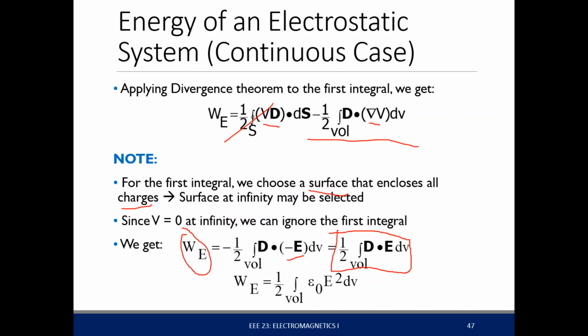Knowing that the electric field and electric flux are related to each other, where your electric flux is equal to epsilon sub 0 times your electric field intensity, the work stored in a system of charges becomes 1/2 times the volumetric integral of epsilon sub 0 times the magnitude of the electric field squared.